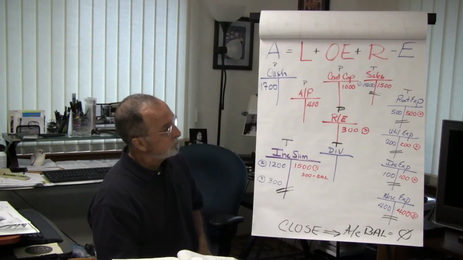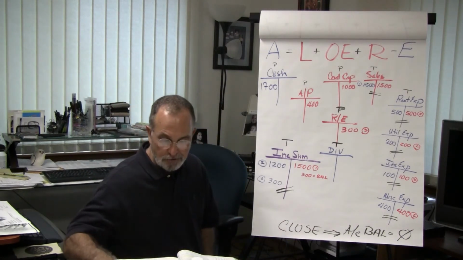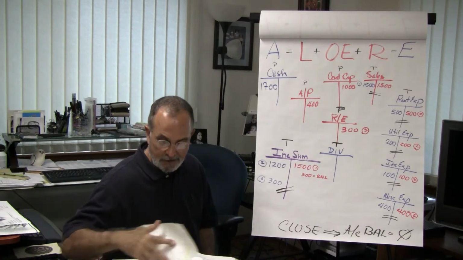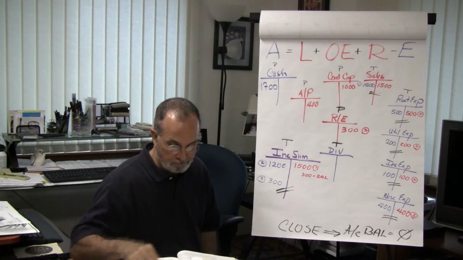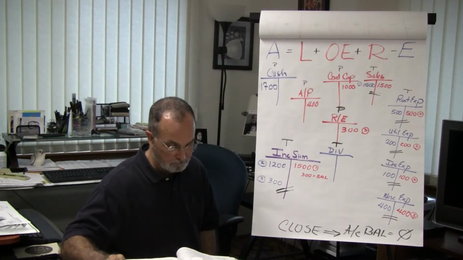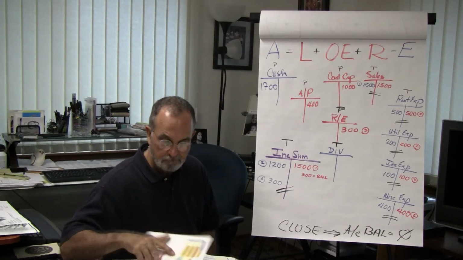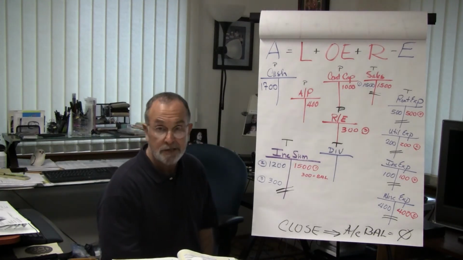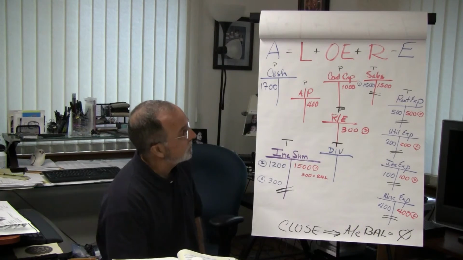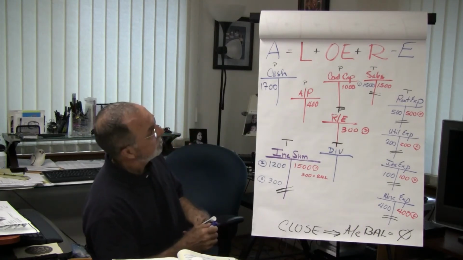So if we were to do a post-closing trial balance, page 167 of the text is an explanation of a post-closing trial balance. What would it look like?